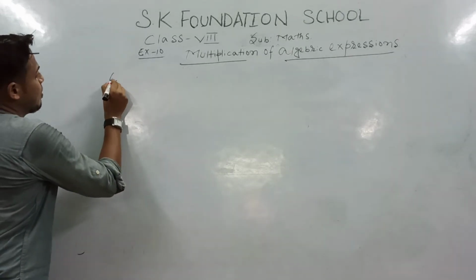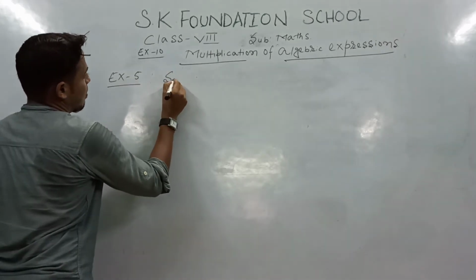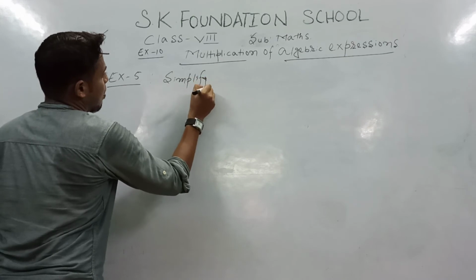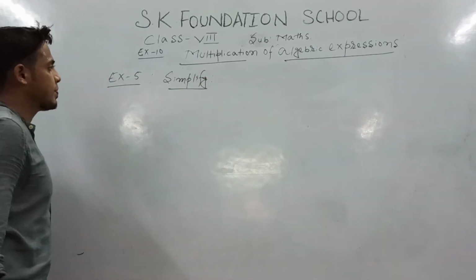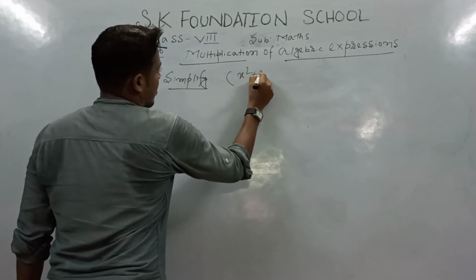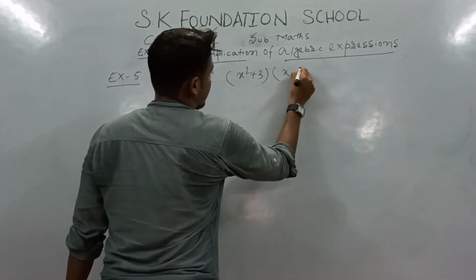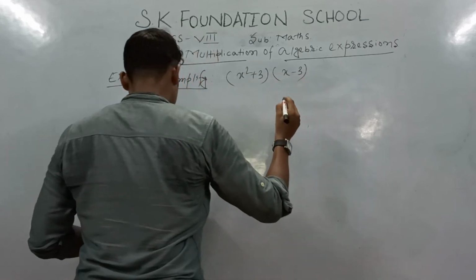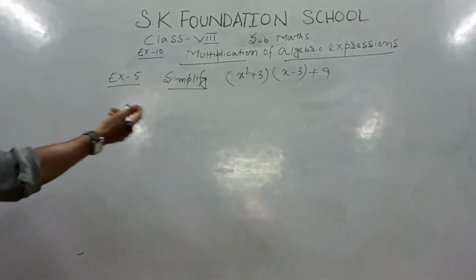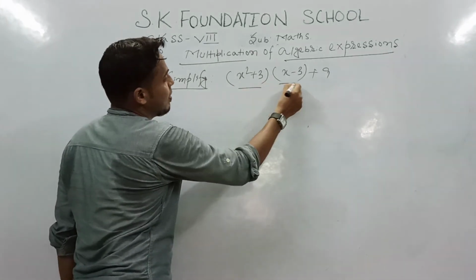Now come to example number 5. Simplify. (x square plus 3)(x minus 3) plus 9. Okay? Here x square plus 3 and x minus 3, they are multiplied.